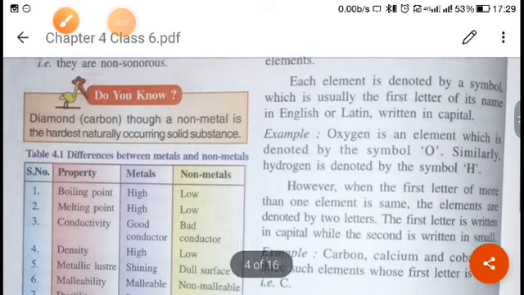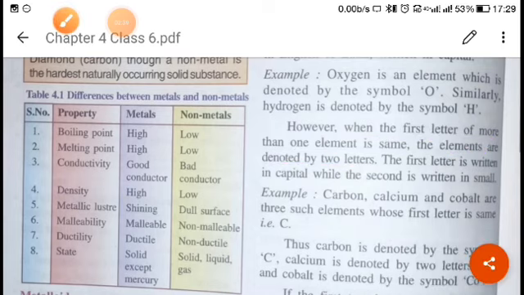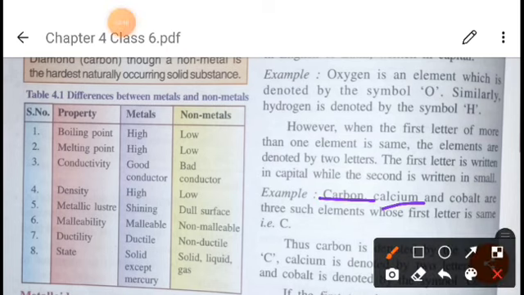However, when the first letter of more than one element is the same, the elements are denoted by two letters. Let's see the example of carbon, calcium and cobalt.